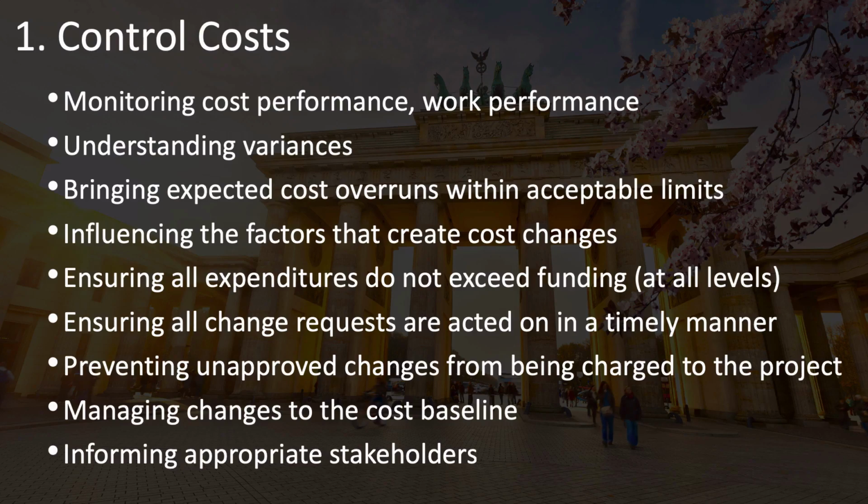You should investigate the variances to understand what's causing them, using techniques such as root cause analysis to get to the bottom of why costs are different from what was planned. And once you know that, you need to figure out ways to prevent additional cost overruns and to bring your expected costs back within the project's acceptable limits or tolerances.